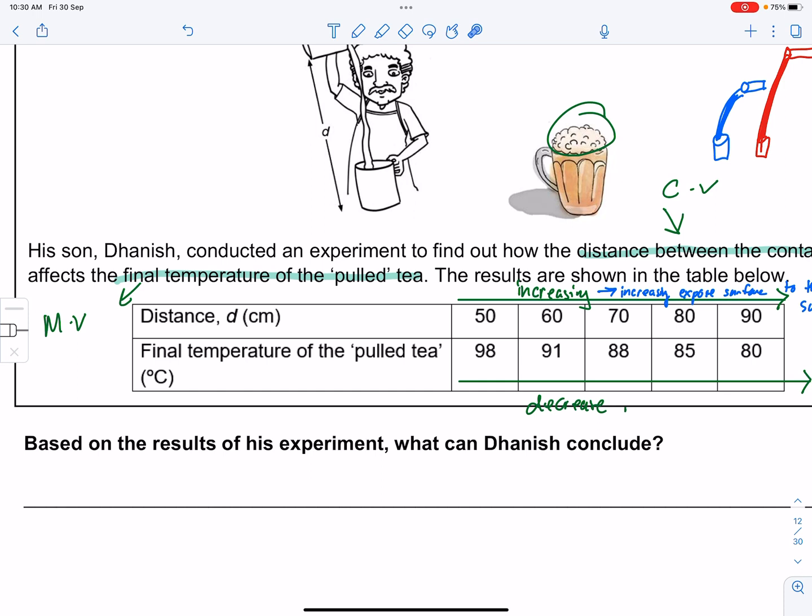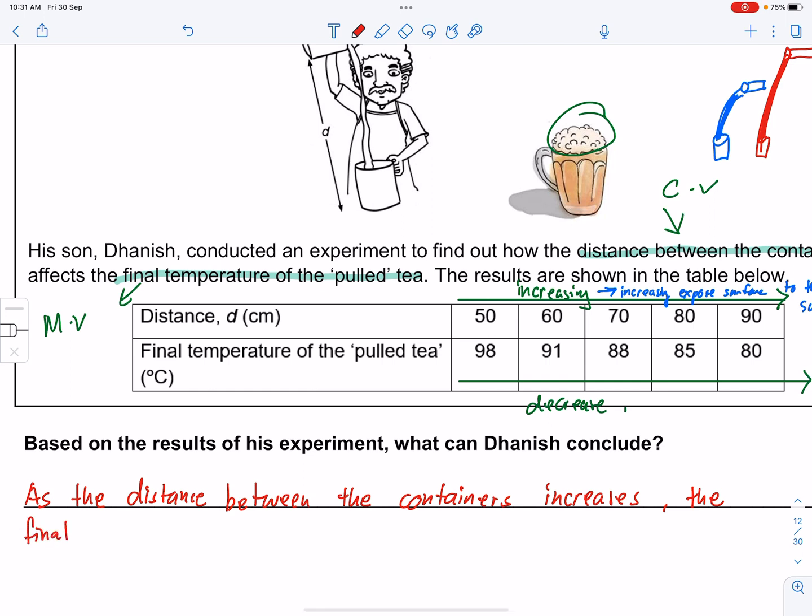So he can conclude that as the distance between the containers increases, the final temperature of the pulled tea decreases.